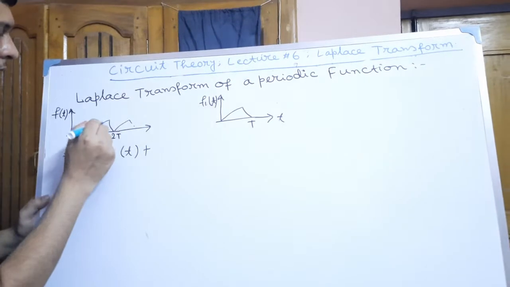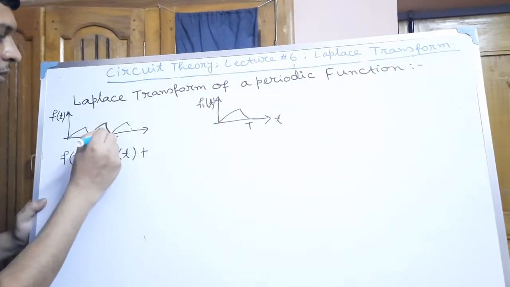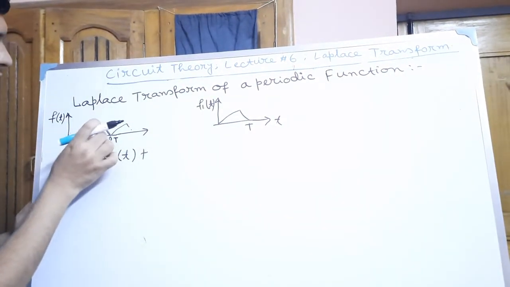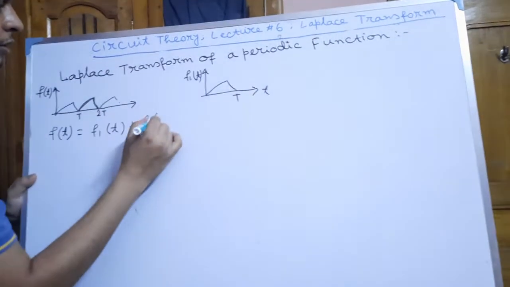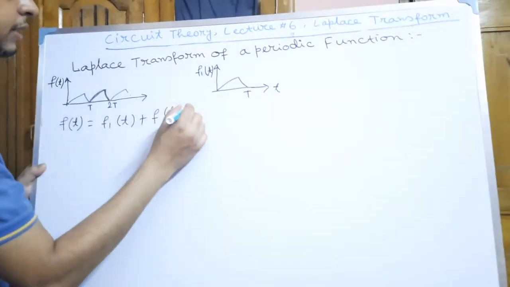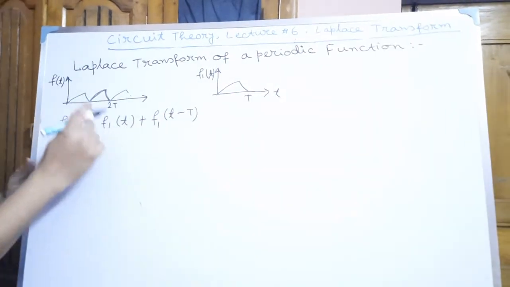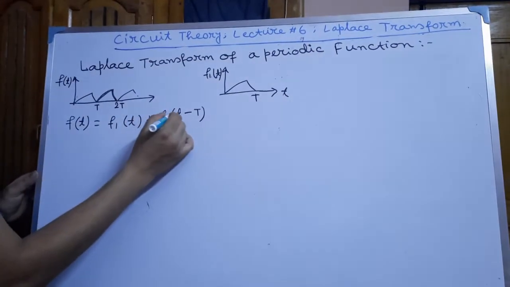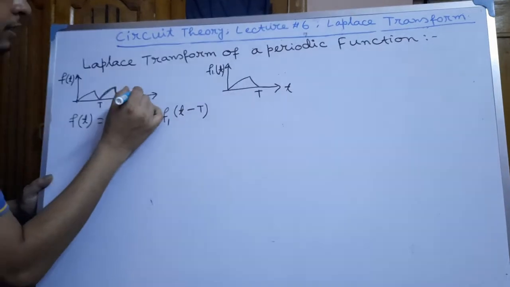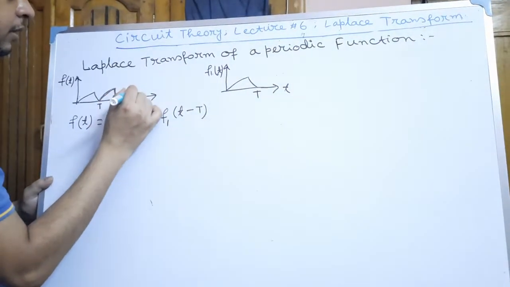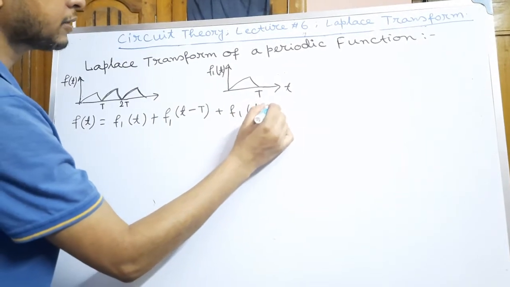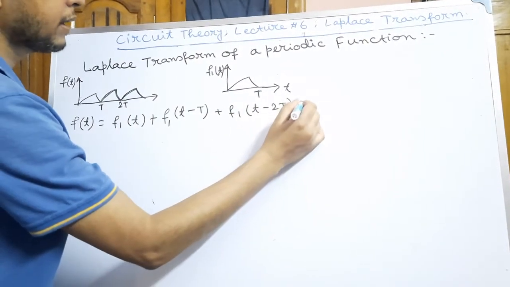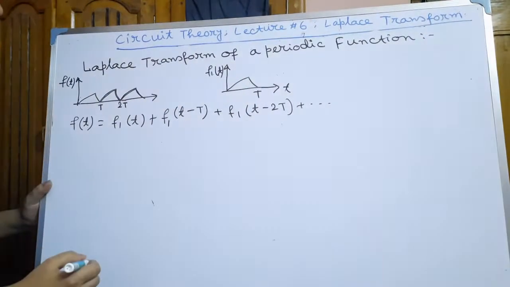This function, this one, is a delayed version of this function and the delay amount is T. So we can write this one as f1(t minus T). We can write this one as what? f1(t minus 2T) and so on.